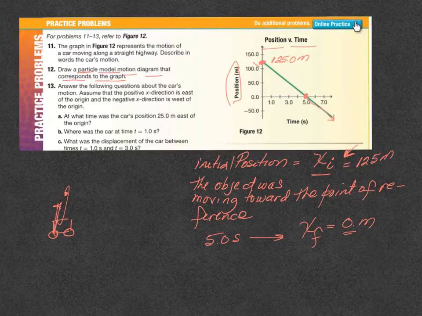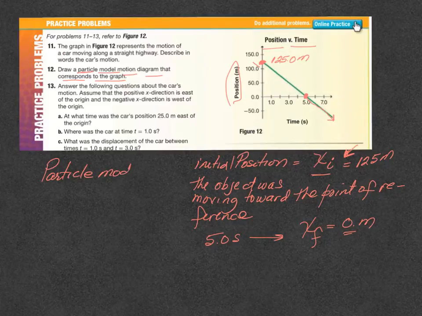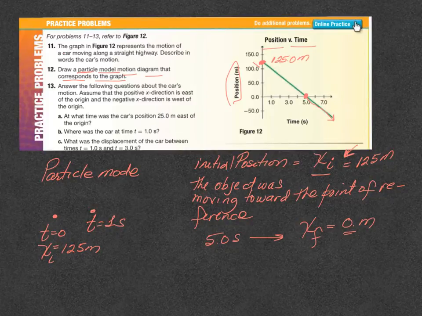Let me start over here my particle model. So I'm going to start over here, time equals 0, and then position is going to be equal to 125 meters. Now time here is equal to 1 second, and in 1 second I have to go over here and find the position.